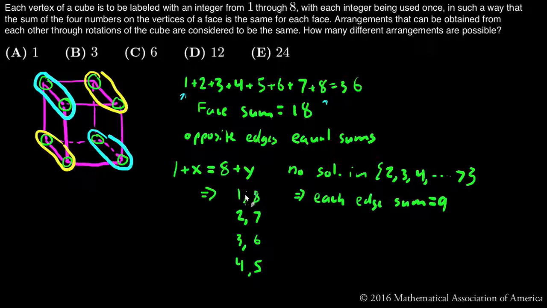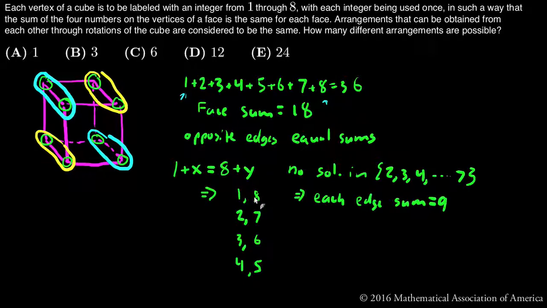Next thing, if I just took this straight away and did 1, 8, 2, 7, 3, 6, 4, 5, the horizontal top and bottom and the vertical left and right faces will add up to 18, but the back and front will not, because I'll do 1 plus 2 plus 3 plus 4, which is 10, and 8 plus 7 plus 6 plus 5, which should be 26.